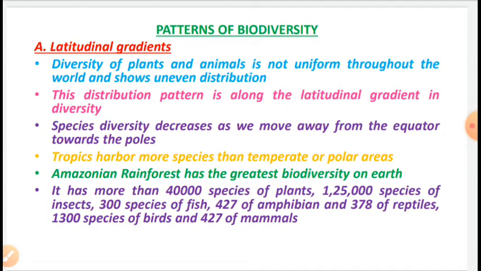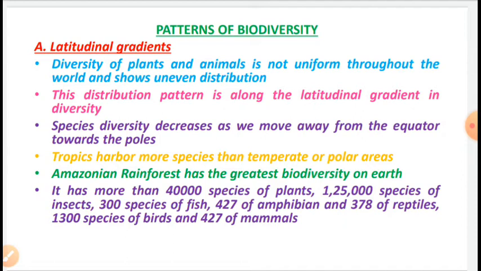The largely tropical Amazonian rainforest in South America has the greatest biodiversity on earth. It is very important for us.